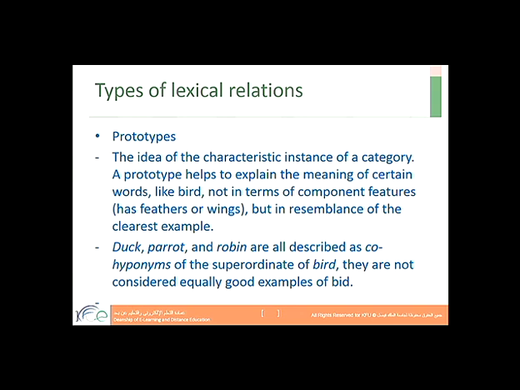They are not considered equally good examples of bird, obviously, because they are just parts of the bird kingdom, and that's why we can describe them as co-hyponyms.